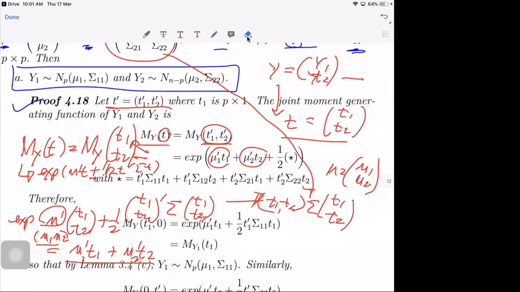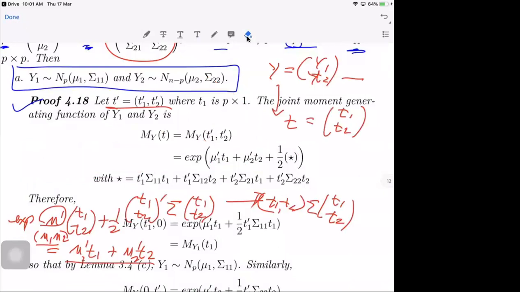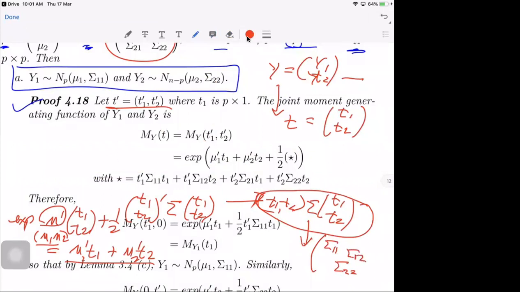So let me erase some parts here. If you replace this with the notation sigma 11, sigma 22, sigma 12, sigma 21, and do the multiplication, the result, when multiplied further, you will have this.